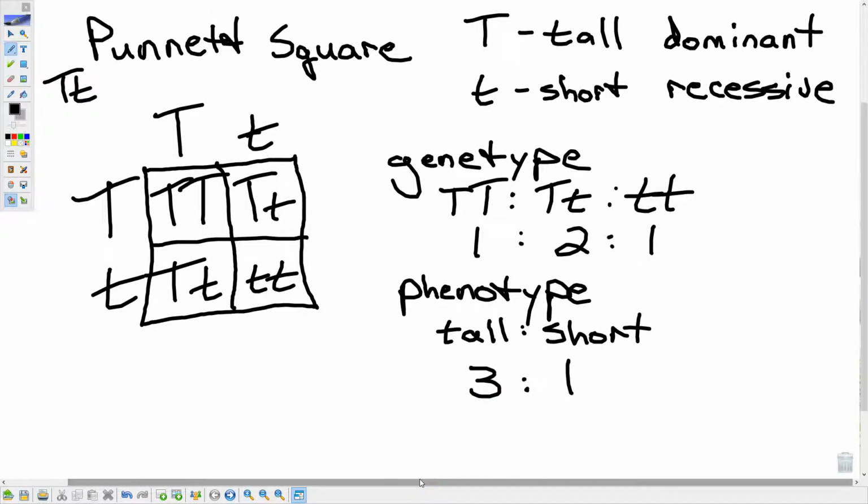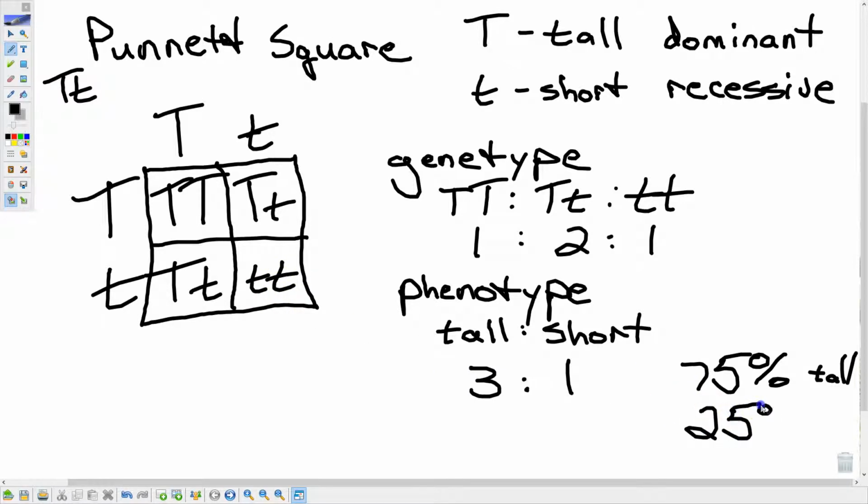If we now want to start talking percentages or probability, because that's usually what we want to say, what's the probability that these two parents will have a tall child? It's 75% tall. What's the probability they will have a short child?